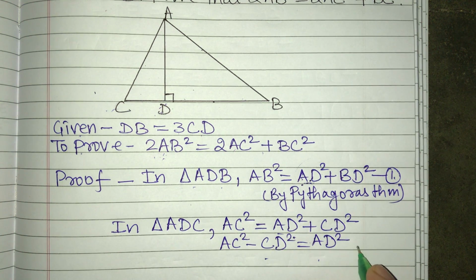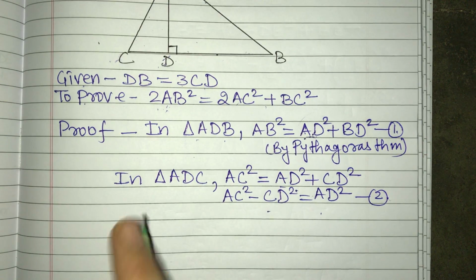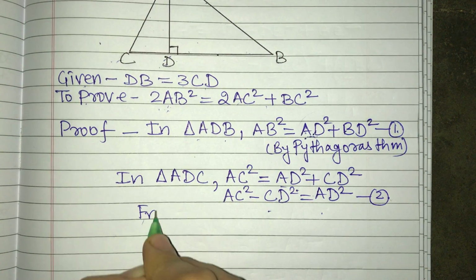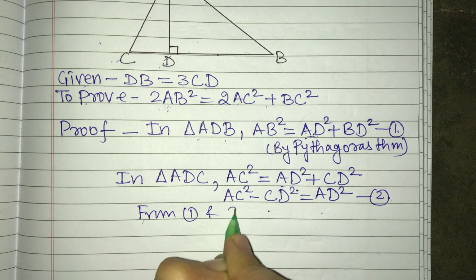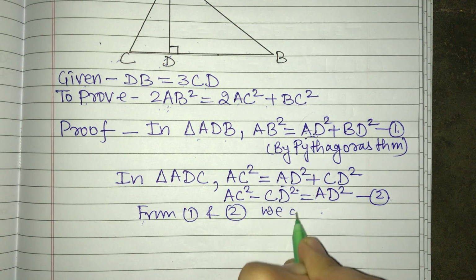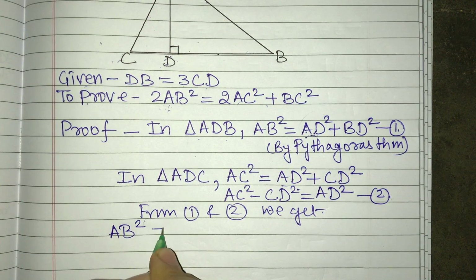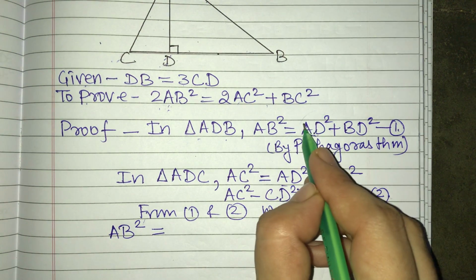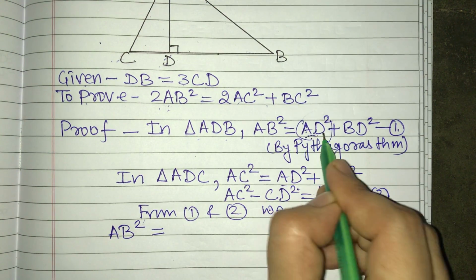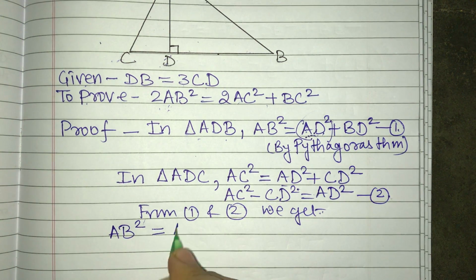Now I am going to substitute this value in equation 1. So from 1 and 2 we get AB square equals, I am just replacing the value of AD square by AC square minus CD square.